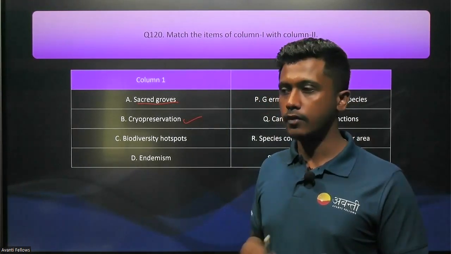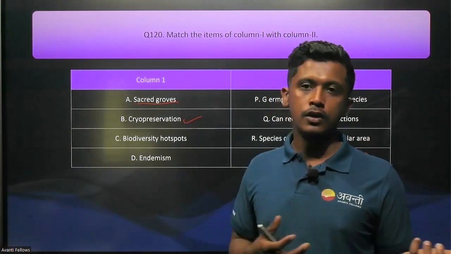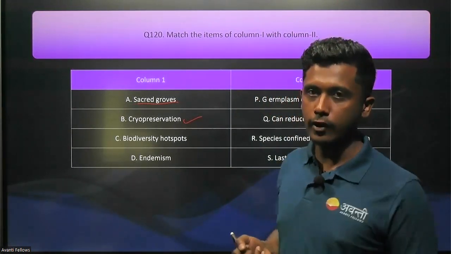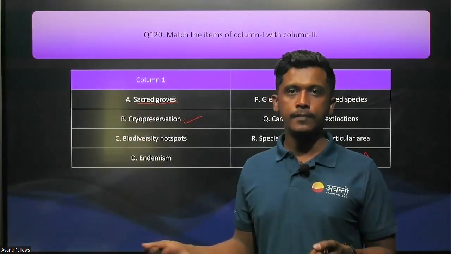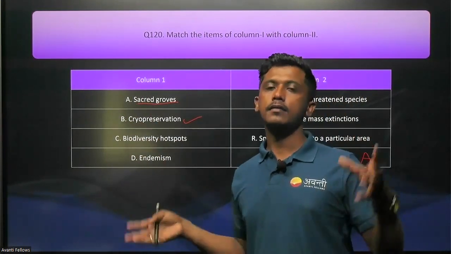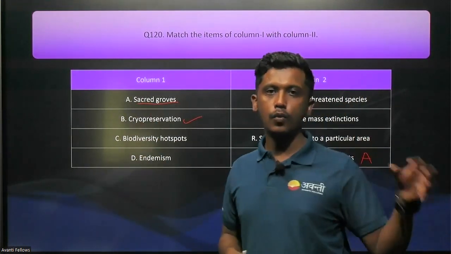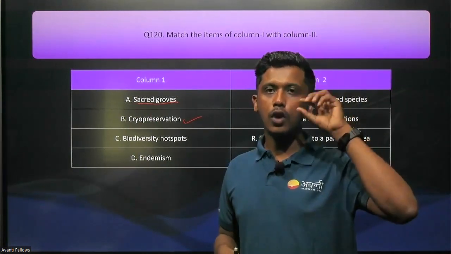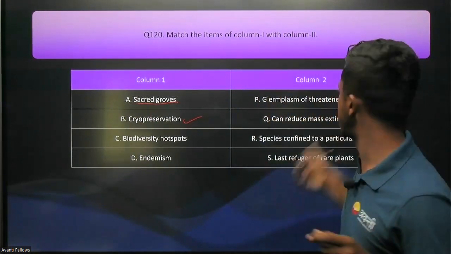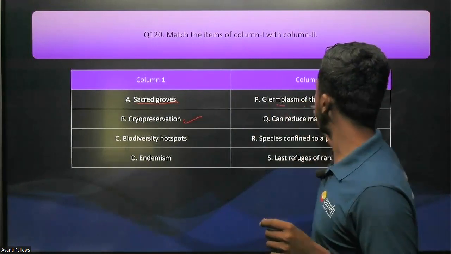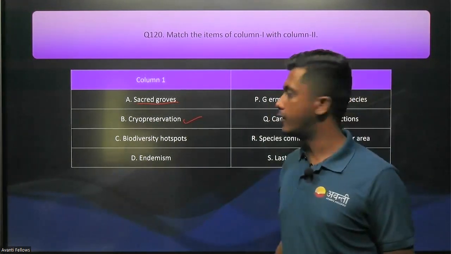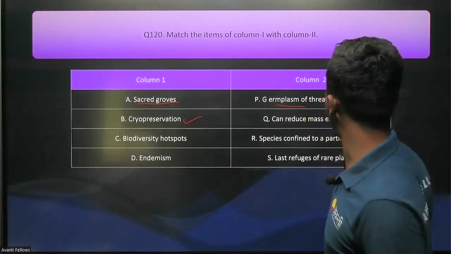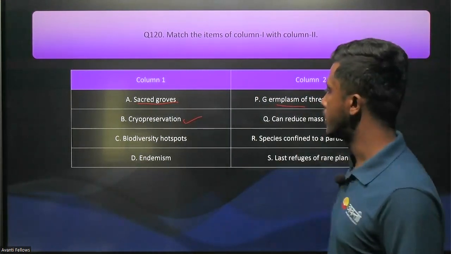Here, for saving the genotype of a particular organism for several generations, instead of storing the entire species, we can take small tissues such as germplasms and preserve them under very low temperature for a very long period of time. So that technique is called cryopreservation. So I'll write it as B.